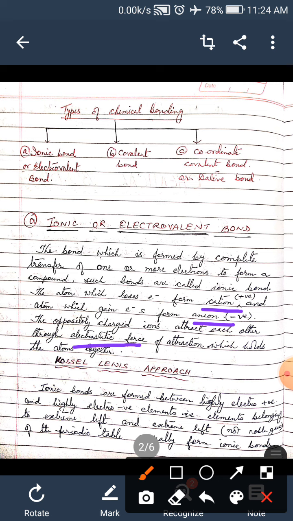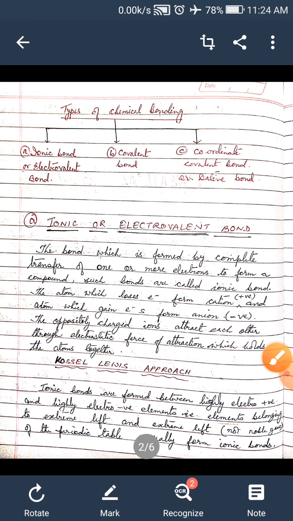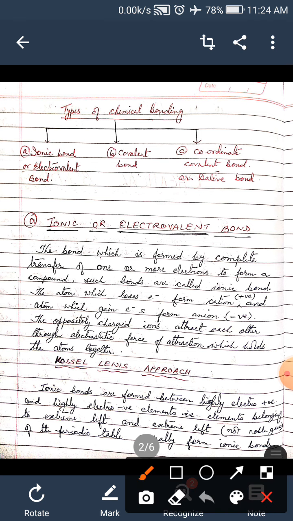Now, how do we show the formation of ionic bond? Kossel and Lewis have shown a method by which we can explain the formation of ionic bond. You can see here it's written Kossel-Lewis approach. Ionic bonds are formed between highly electropositive and highly electronegative elements, that is, elements belonging to the extreme left and extreme right of the periodic table.